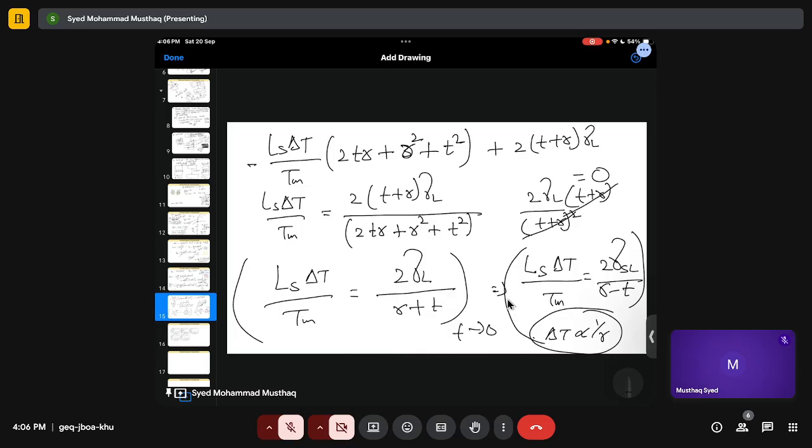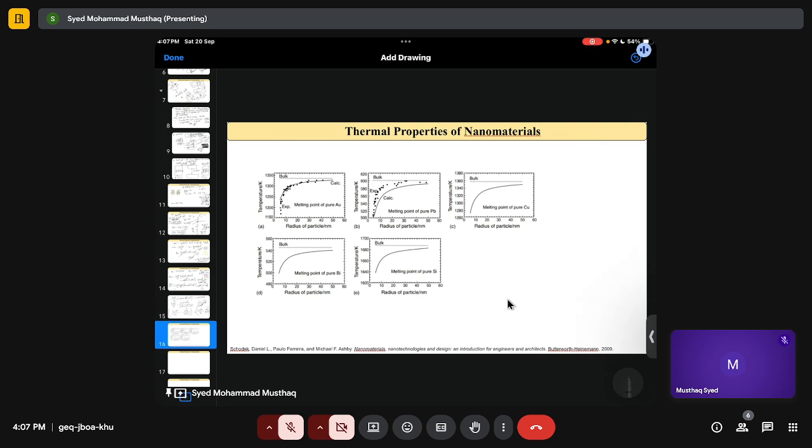So delta T is inversely proportional to r, and these are those different relations. So my T minus Tm is inversely proportional to r. If my r increases, this value should decrease. If my r tends to infinity, then this will tend to 0, then T will be Tm, which is for bulk.